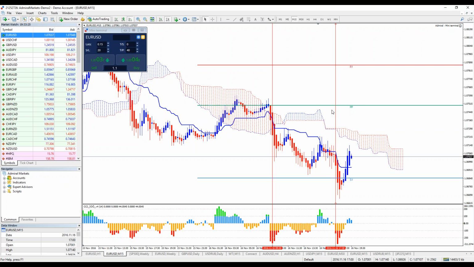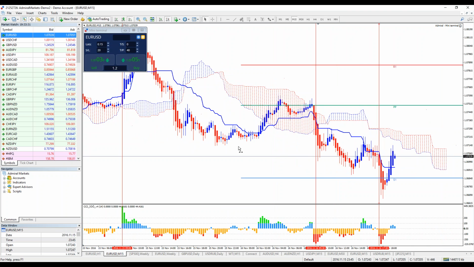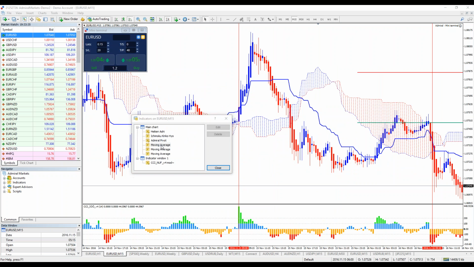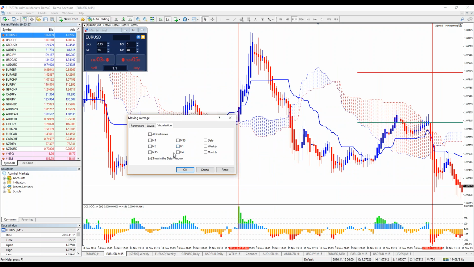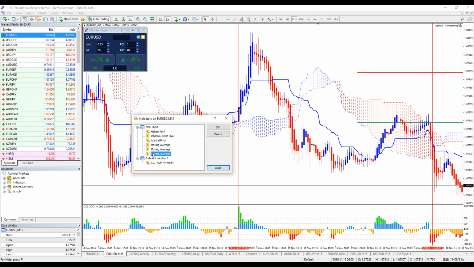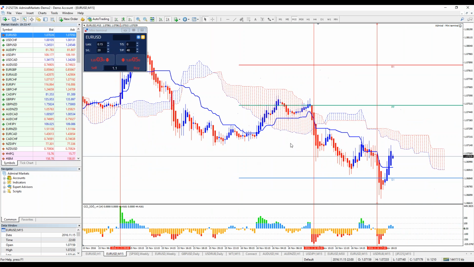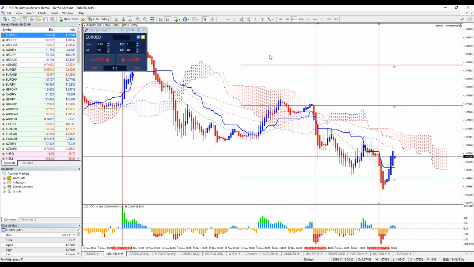Now, it's crucial thing to follow this daily pivot points if you are not trading with moving averages. If you want to add moving averages here, let's see what will happen now. Okay, here.